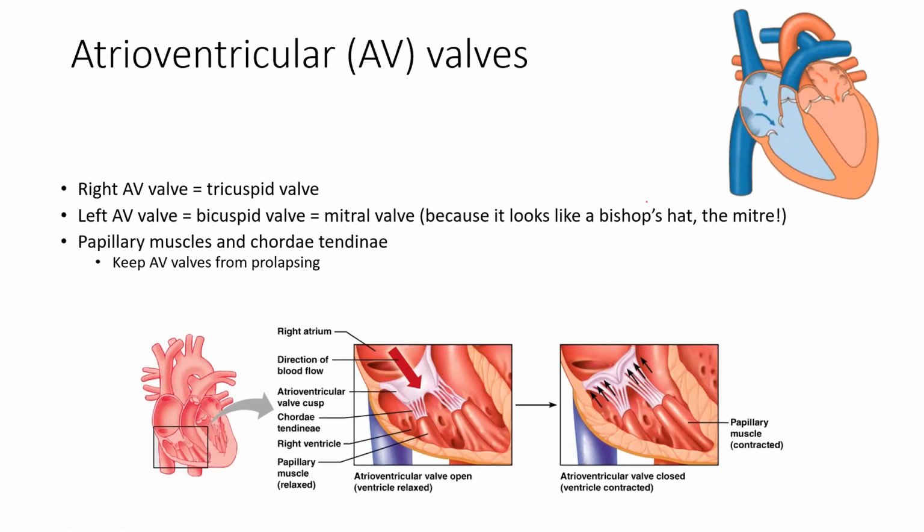And so there's a coordination between the contraction of the wall of the ventricle and the tight seal of that valve. So when the papillary muscles contract, it pulls on the chorda tendineae, it pulls on the leaflets, and it helps to secure the seal between the atria and the ventricle, and it prevents the pressure that's rising in that ventricle from pushing the blood back up into the atria. And so it's really important that this is happening as the chamber is contracting.